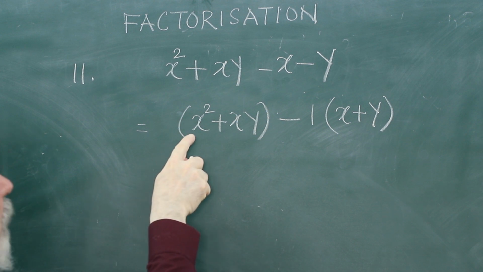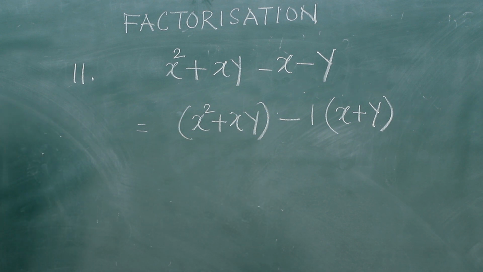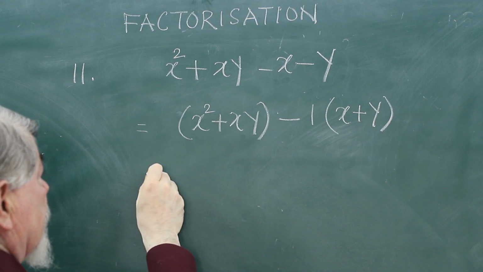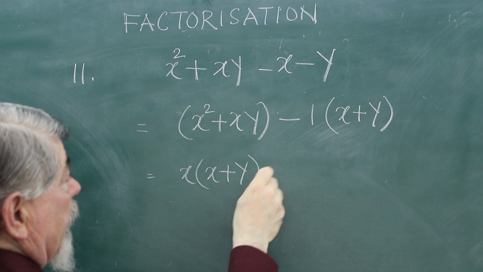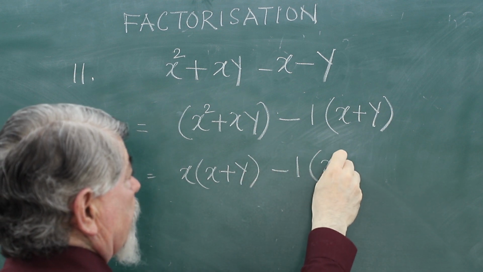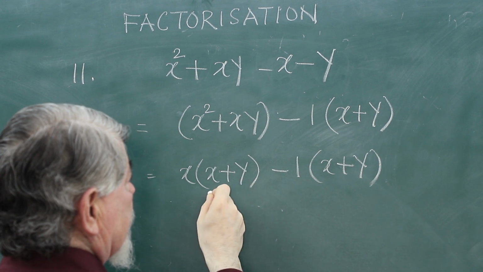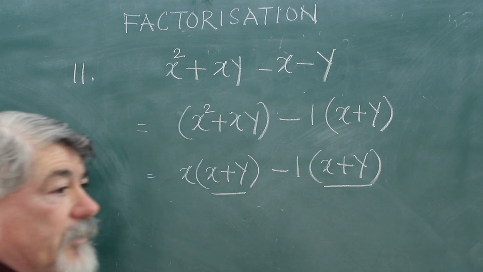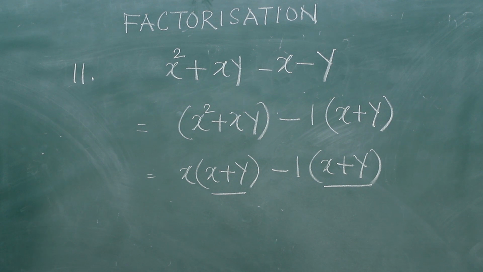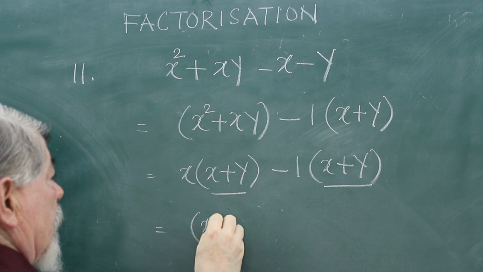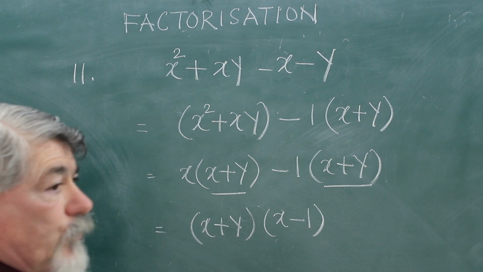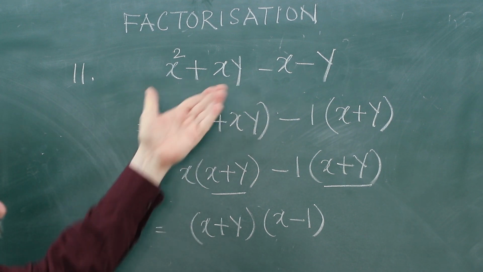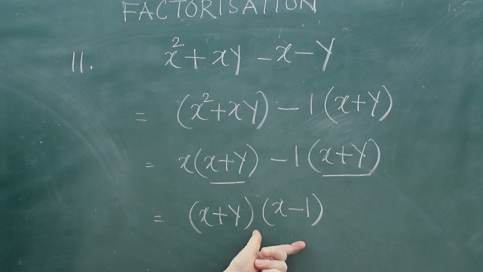So what will happen is that out of x^2 and xy, the first pair, I see x as common. I will take out x common, and inside I'll get x + y. Minus 1 into (x + y). Now you can see that this and this bracket is common in both terms. So I'll take x + y common, and what will be left? x − 1. So now I've got two factors of this expression, (x + y)(x − 1).